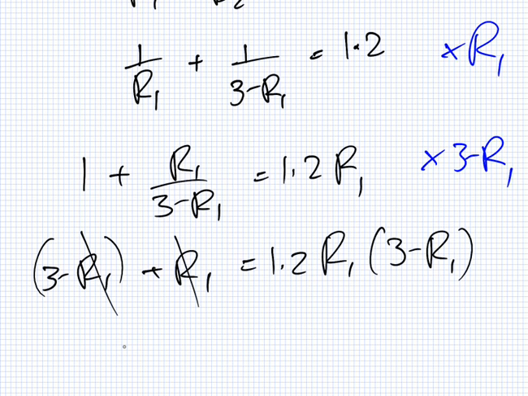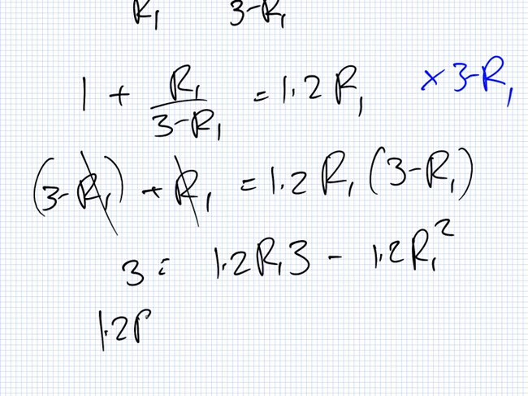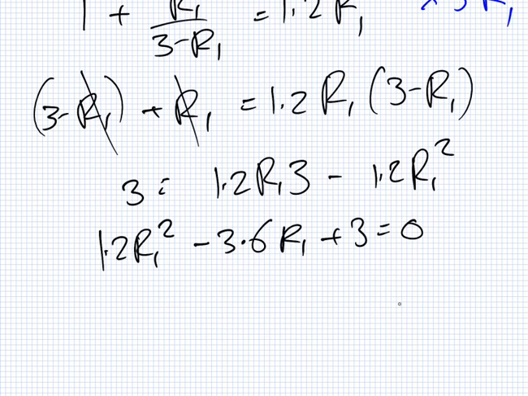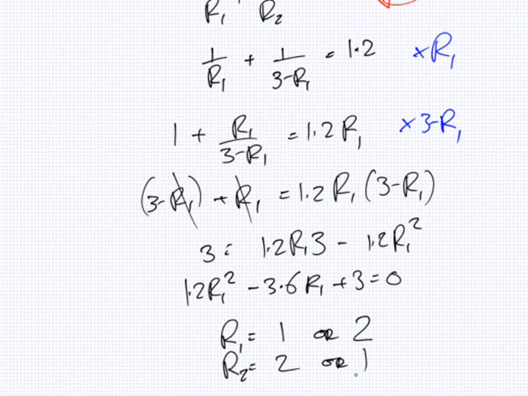Right, we multiply everything by R1. So you get 1 plus R1 over 3 minus R1 equals 1.2 R1. Then we multiply everything by 3 minus R1. So we get 3 minus R1 plus R1 equals 1.2 R1 times 3 minus R1. So they'll cancel, and I'll get 3 equals 3.6 R1 minus 1.2 R1 squared.